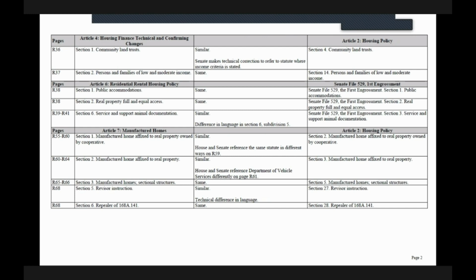I'll direct that to Mr. Stang. Madam Chair, you said R36, Section 4, Senate side? It says Senate Section 4 on page R36. Yes, I believe that's correct. And so if Chair Draheim would like to make that motion. I move we adopt on page R36, Senate Section 4.